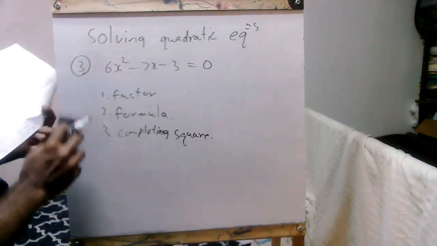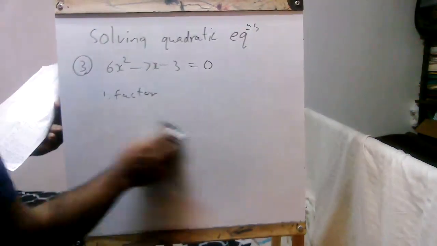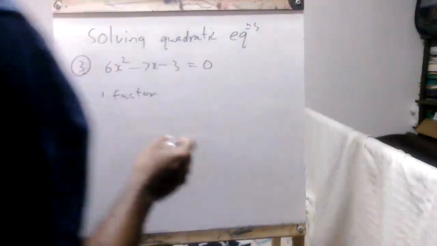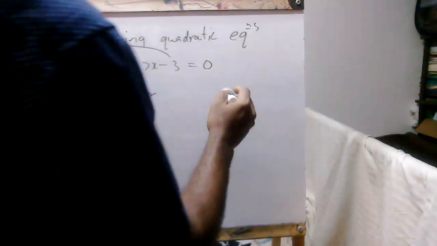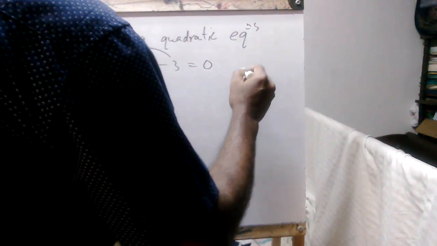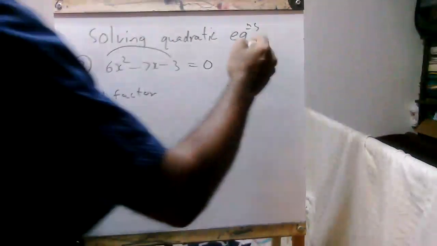Okay, let's first do it by factoring. For that, we multiply this and this. 6 times negative 3 is negative 18. This is called the AC method.